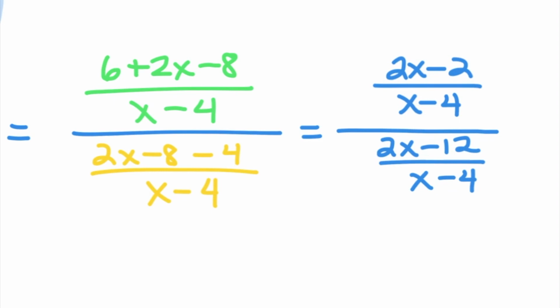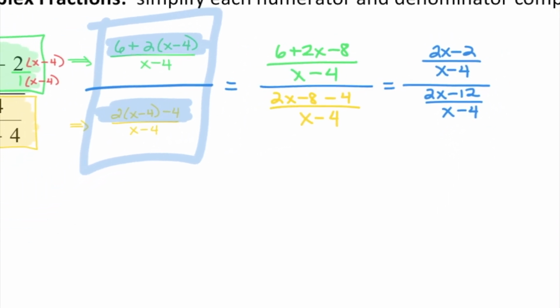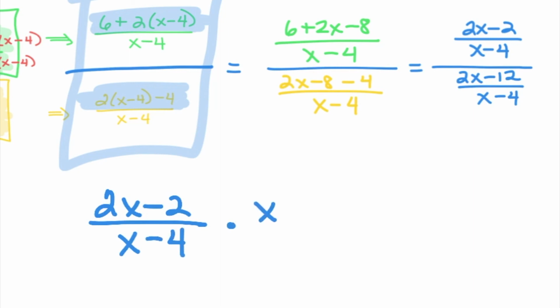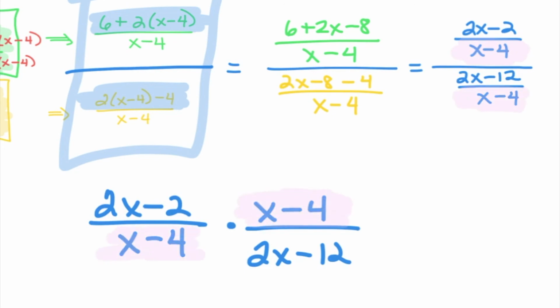So anyway, what I want to do next then is go back to what I had said about dividing, that it's like multiplying by the reciprocal. So now I've got 2x minus 2 over x minus 4 times x minus 4 over 2x minus 12. And because what had been originally the two denominators are exactly the same, you can just cancel them.